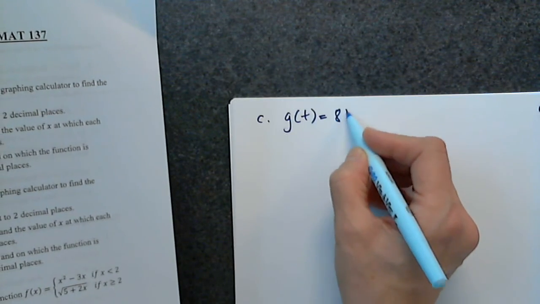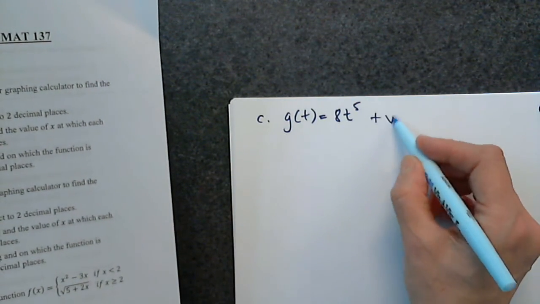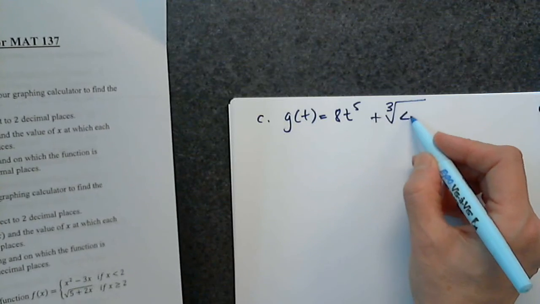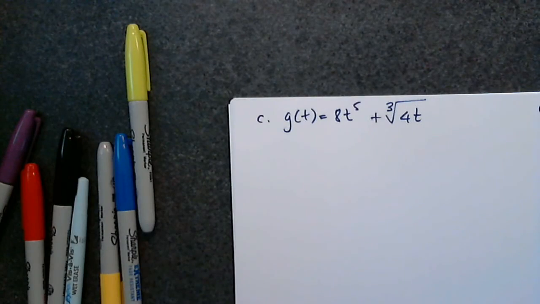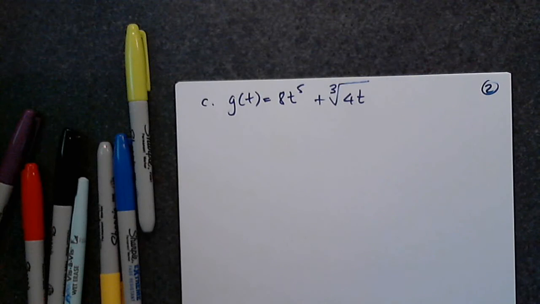So g of t equals 8t to the 5th plus the cube root of 4t. Very good. We're asked to show whether this function is symmetric. What is the starting point? What do I have to do first? G of negative t.